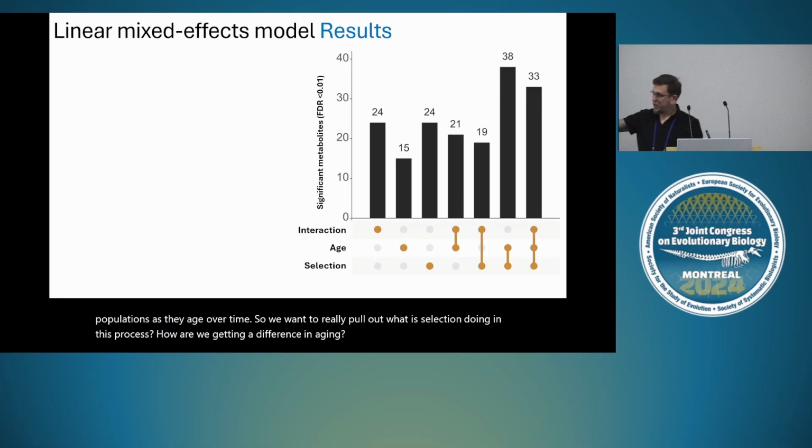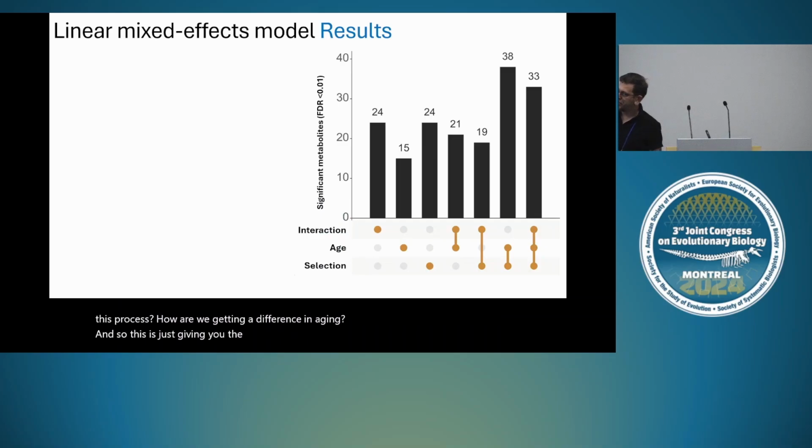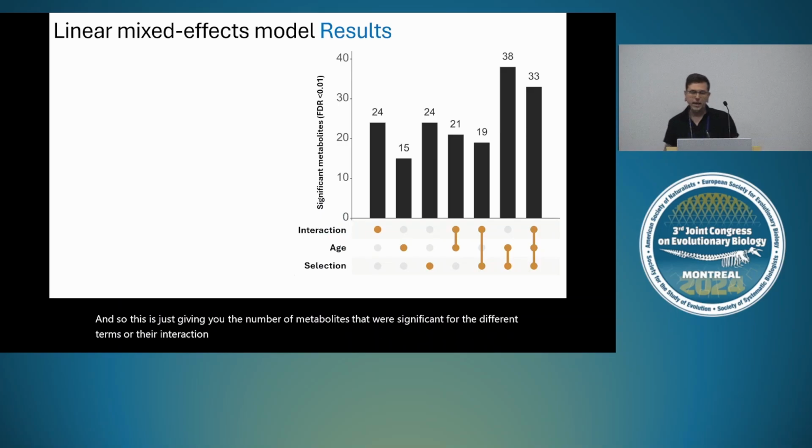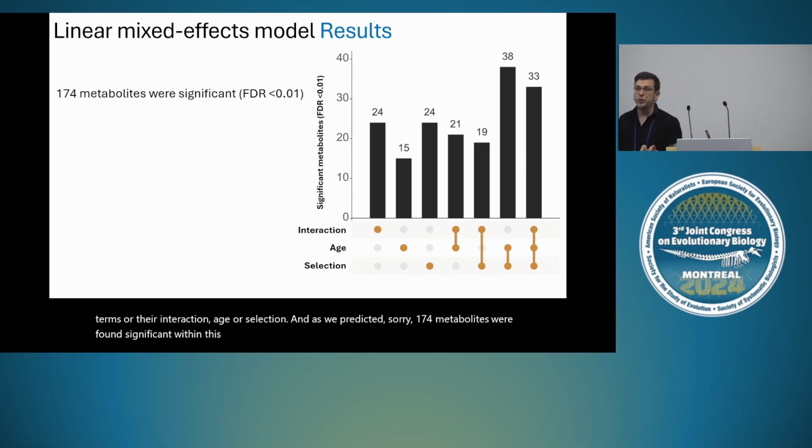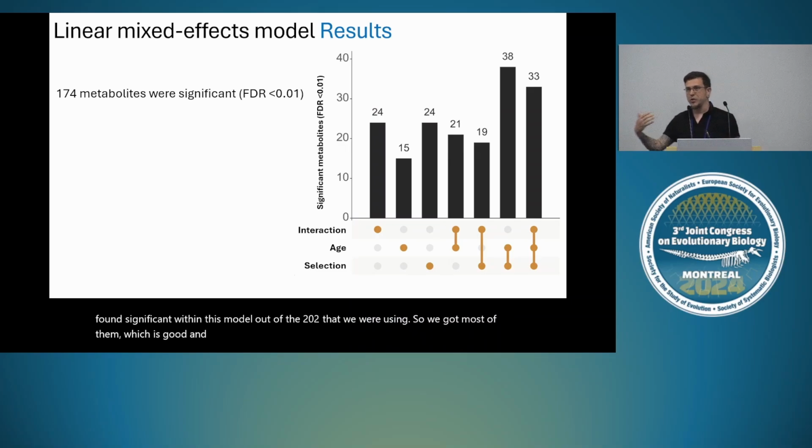This is giving you the number of metabolites that were significant for the different terms: interaction, age, or selection. As we predicted, 174 metabolites were found significant within this model out of the 202 that we were using. So we got most of them, which is good and also expected because it was a targeted approach.